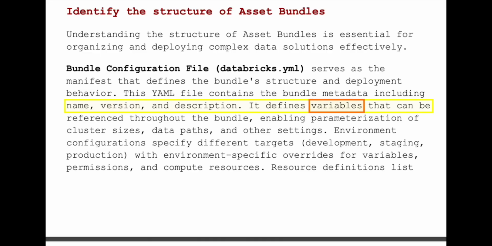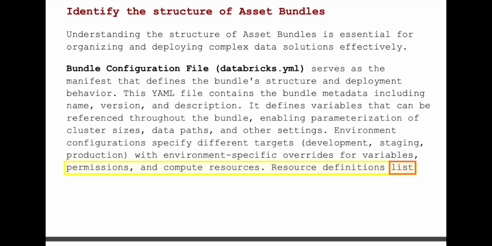It defines variables that can be referenced throughout the bundle, enabling parameterization of cluster sizes, data paths, and other settings. Environment configurations specify different targets, development, staging, production, with environment-specific overrides for variables, permissions, and compute resources.